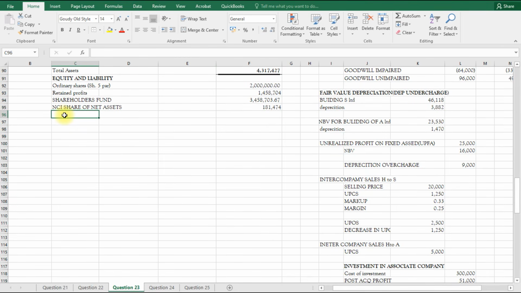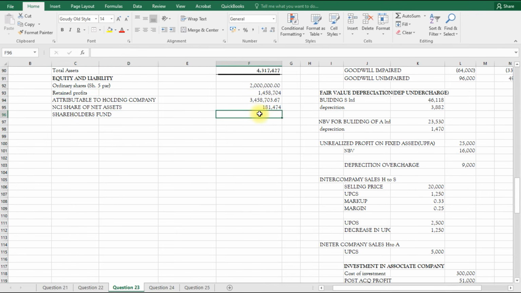So shareholders fund, so this one is attributable. This one actually is not shareholders fund, attributable to holding company.